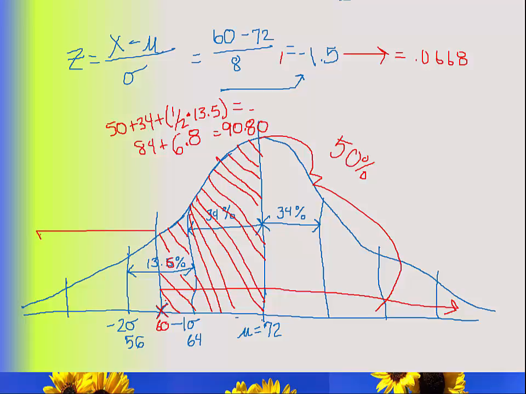So that is this distance right here. There's a roughly 6.68% chance somebody would score less than 60. And then what is remaining on the normal distribution, 100 minus 6.68, so about a 93% chance that a person would score greater than 60.